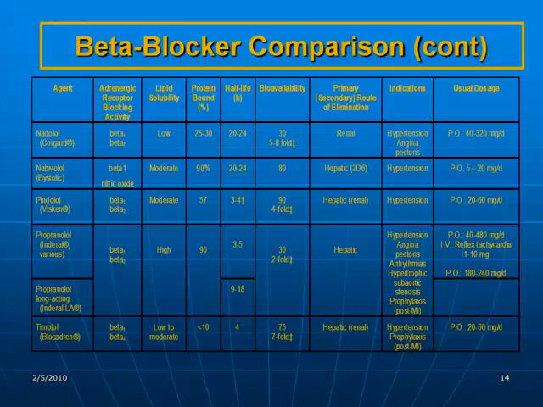So keep in mind that there are drugs that are both alpha and beta blockers. We use carvedilol a lot. It's a non-selective beta blocker, but it's also an alpha blocker, and there's very good data with carvedilol for heart failure and for MI.